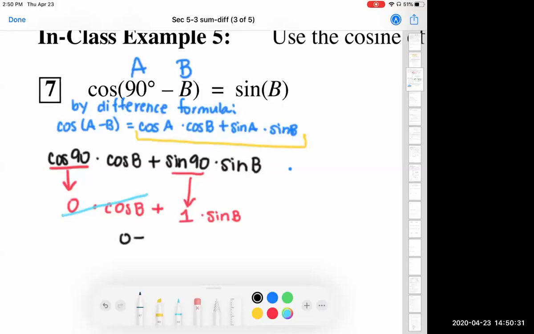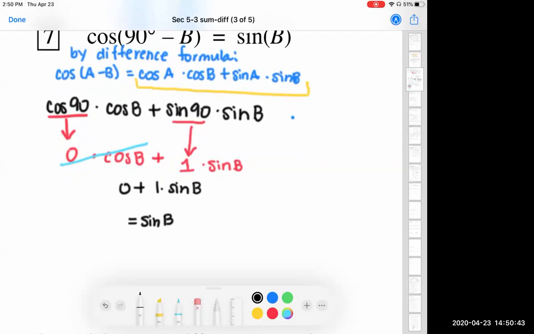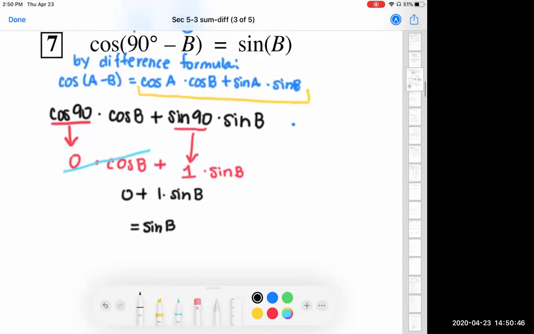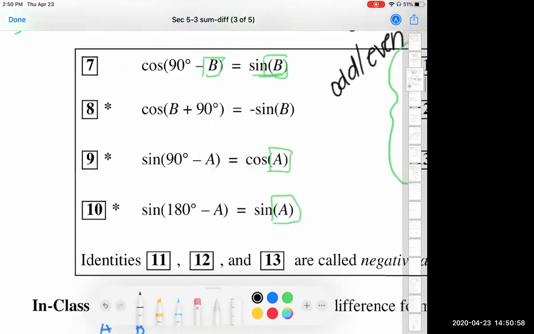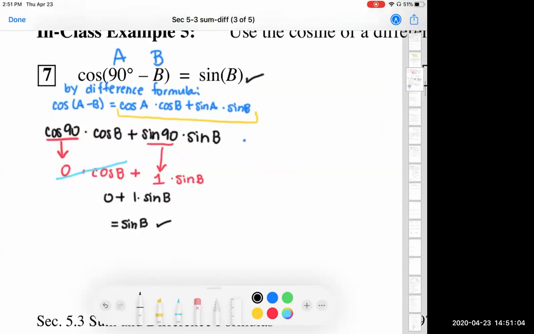So we're left with 0 plus 1 times sine of B. What's anything times 1? It's itself. So we're just left with sine of B. We had just proven this equality above. It checks out, they're equal. So now that we know our sum and difference formulas, we can take these co-function identities as given, because we know they will check out using our difference and sum formulas. Because of that 90, it's going to make some value 0, and thus it simplifies to whatever we have on the other side.